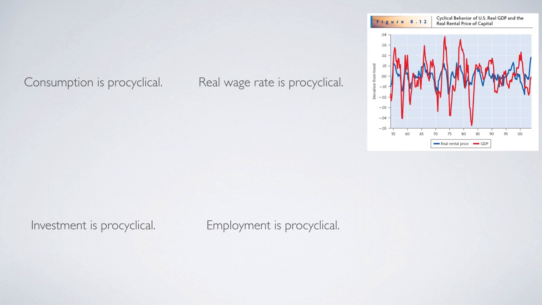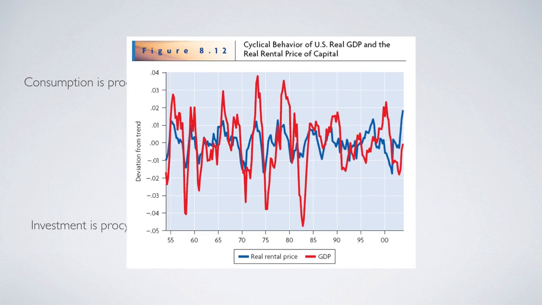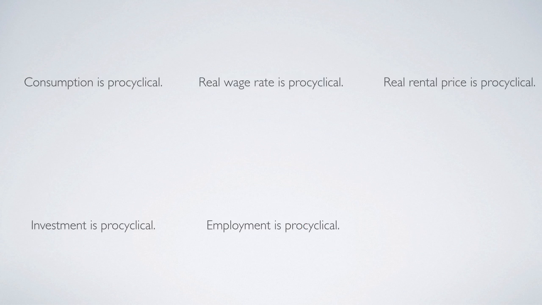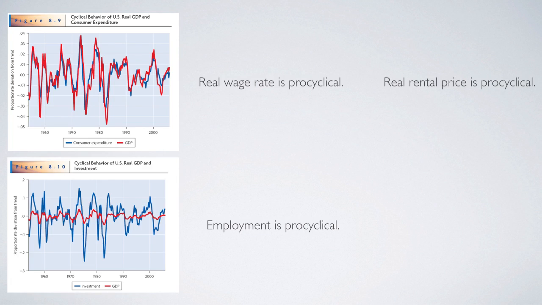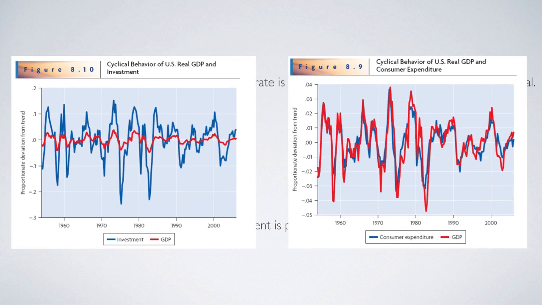Then we move on to the capital rental market. We can see that the cyclical component of the real rental price also moves with the GDP cyclical component in the same direction. Therefore, the real rental price is procyclical. And then we come back to consumption and investment again. If we put these two graphs together, remember that the fluctuation of the red line always reflects the fluctuation of the cyclical component of real GDP.